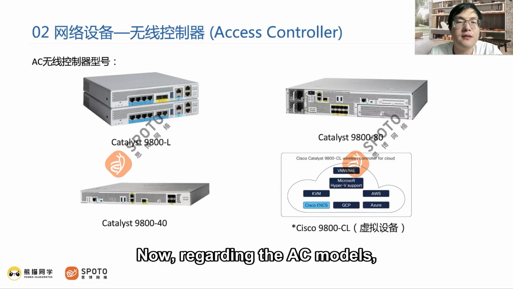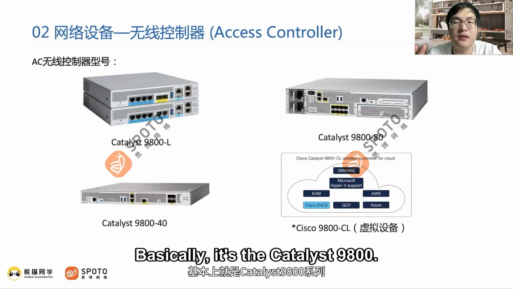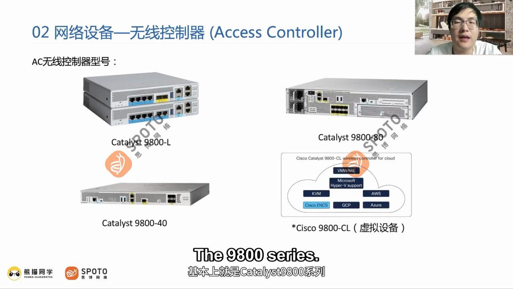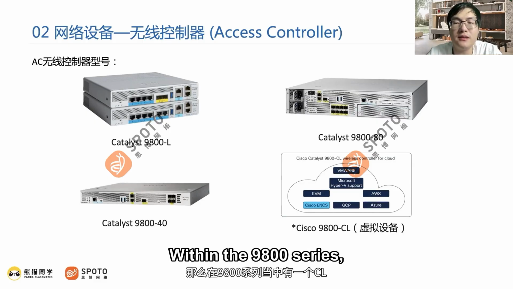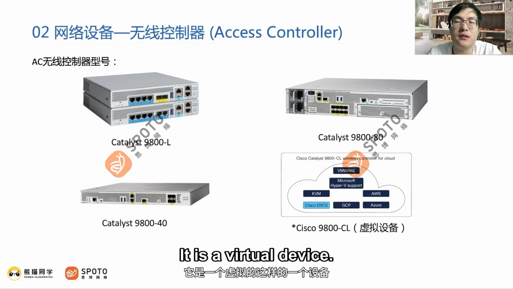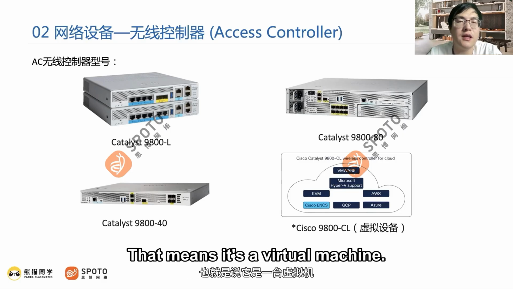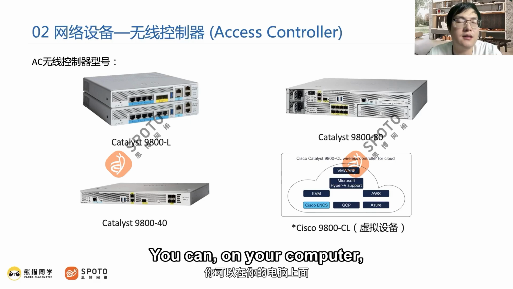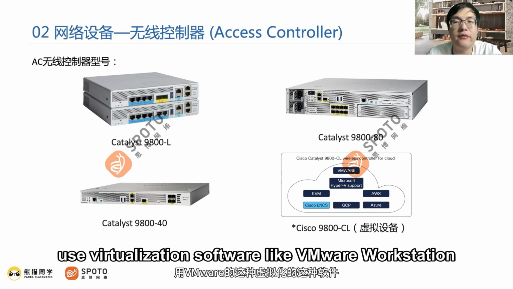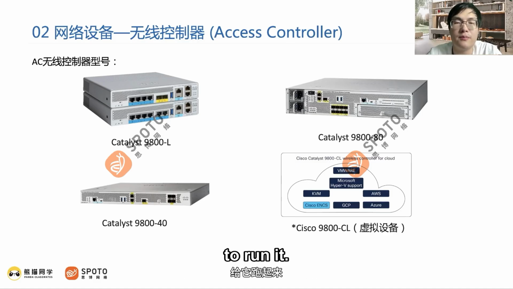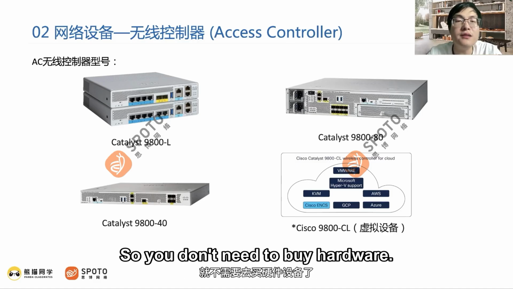Now, regarding the AC models. There are roughly these types. Basically, it's the Catalyst 9800 series. Within the 9800 series, there is a CL. It is a virtual device, that means it's a virtual machine. You can, on your computer, use virtualization software like VMware Workstation to run it, so you don't need to buy hardware.